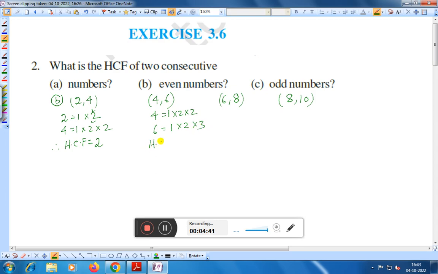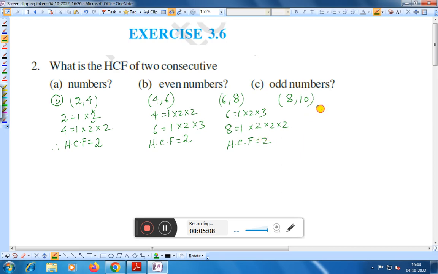Therefore, the HCF of 4 and 6 is 2, as 2 is common. In case of 6, 6 can be written as 1 into 2 into 3, and 8 can be written as 1 into 2 into 2 into 2. The HCF of 6 and 8 is equal to 2.